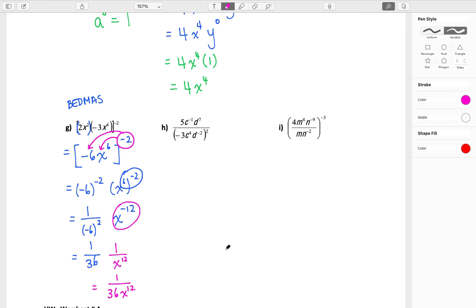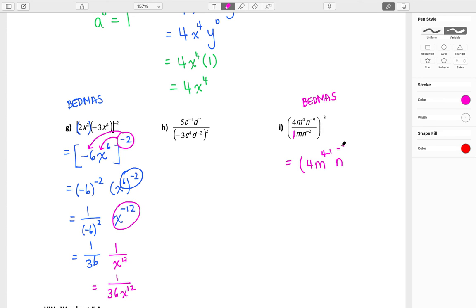Lastly, let's take a look at I. Again, BEDMAS. I'm going to simplify inside the bracket. For the coefficient, I have 4, but for the denominator it's just an invisible 1, so 4 divided by 1 is 4. Then for m, it's 4 minus 1, because we're subtracting when dividing.